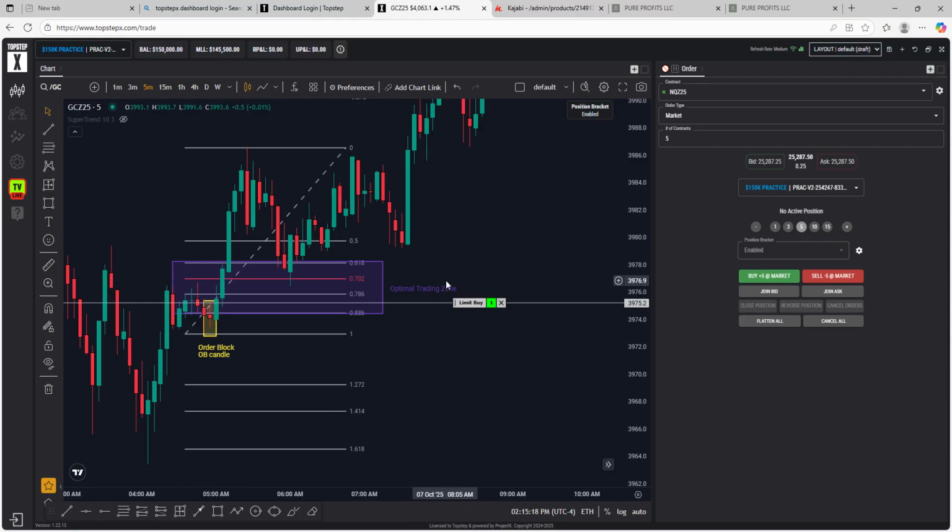And let's also talk about this optimal trading zone here. So I want y'all to peep the times. At the time that this candle touches the 702, it's 6 o'clock. Now, optimal trading zone aligns also with your optimal trading entry. So what does that mean?